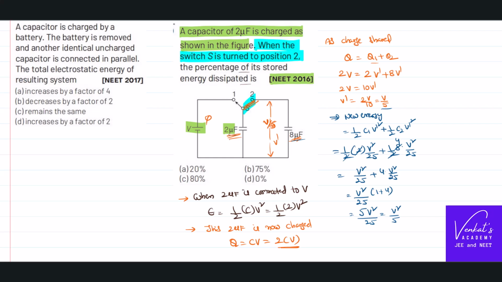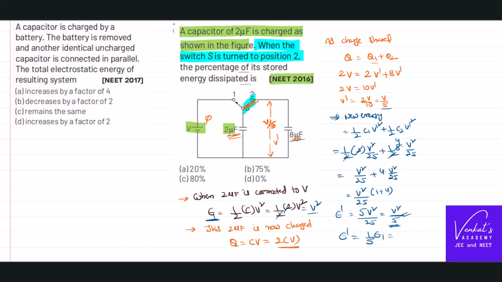The first energy E1 is half times 2, and the 2s cancel, that is V square. Now the new energy E total is V square by 5. This is V square, but this is V square by 5. That implies I can write E dash is 1 by 5th of V square, and V square is nothing but E1.